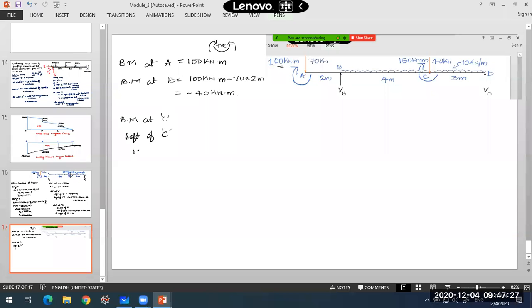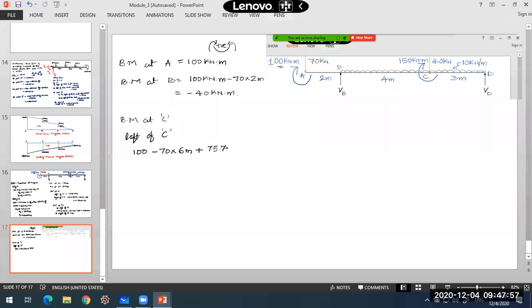We have the 100 kilonewton meter couple, clockwise, left side clockwise positive, minus 70 into the distance, which is 2 plus 4, 6 meters. I'm taking moment about point C, so 70 into 6 meters. And due to VB, the moment will be clockwise, left side clockwise positive, plus what was the value of VB?